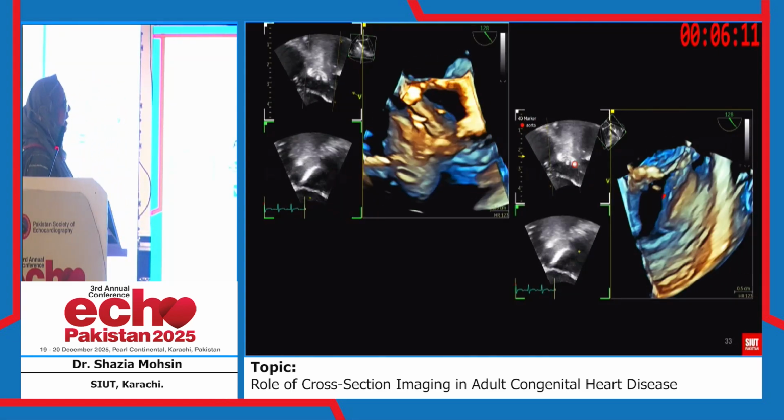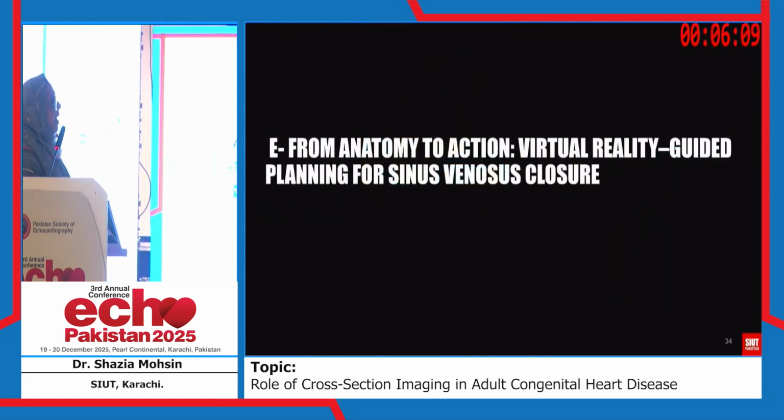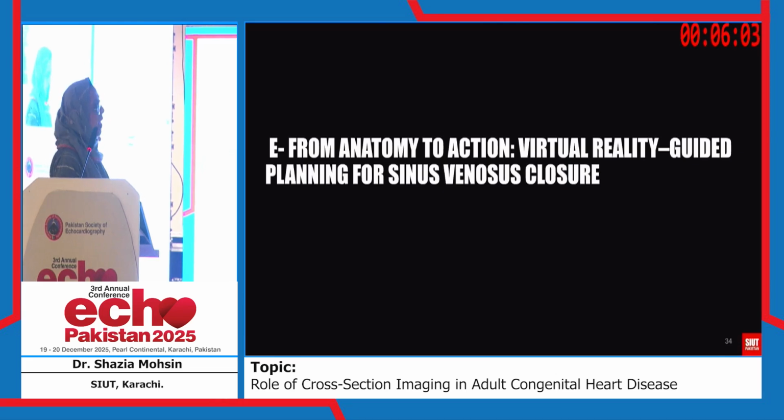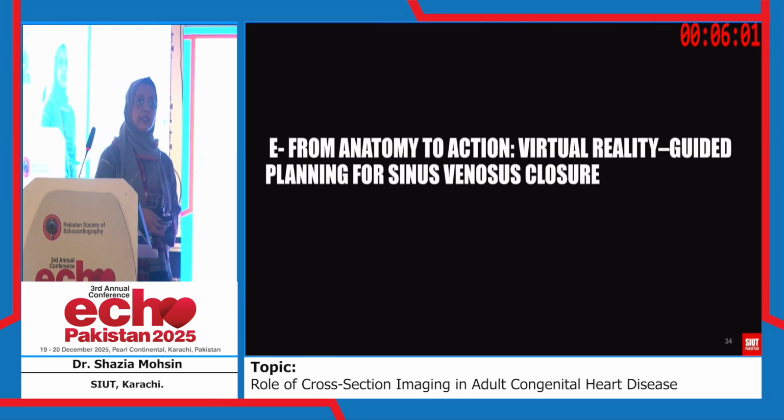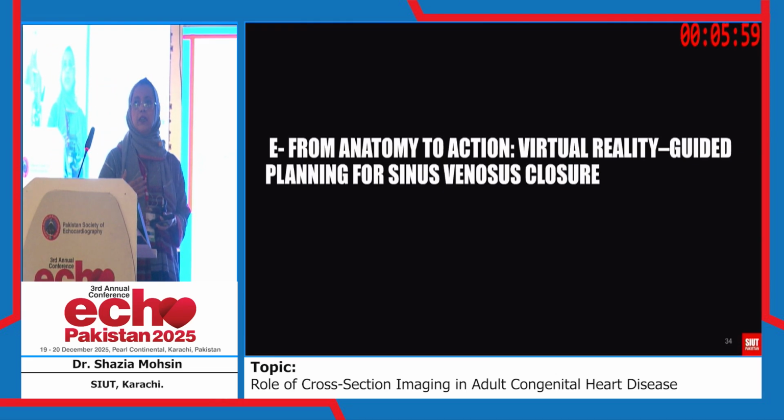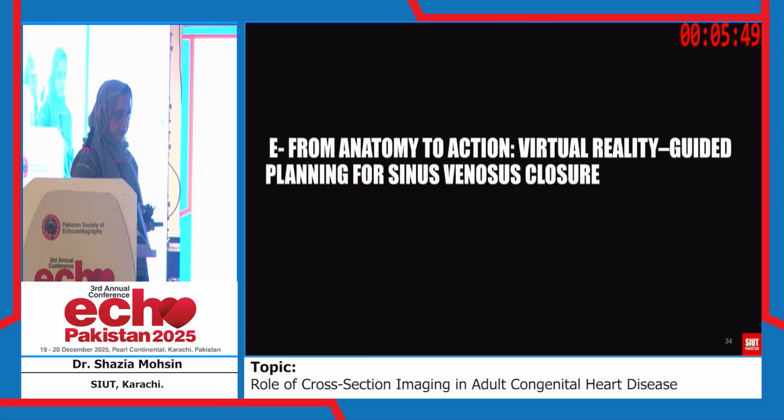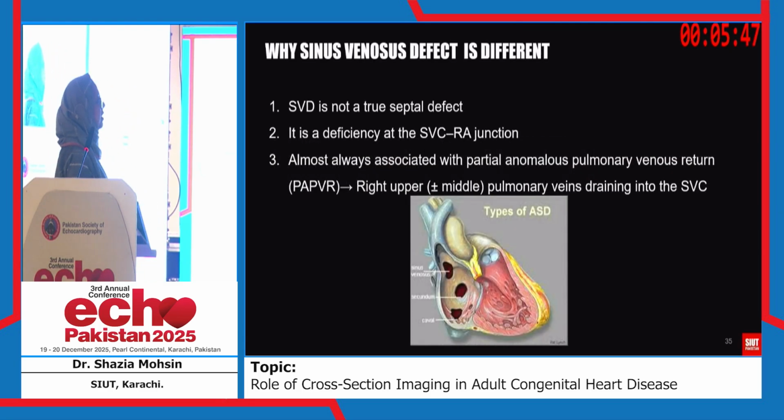My fifth case is from anatomy to action: virtual reality guided planning for sinus venosus closure. Virtual reality, as I said, is not an imaging modality, but it helps us make the visualization better. We can plan the case, put the baffle, put the stent and plan it with the interventional cardiologist.